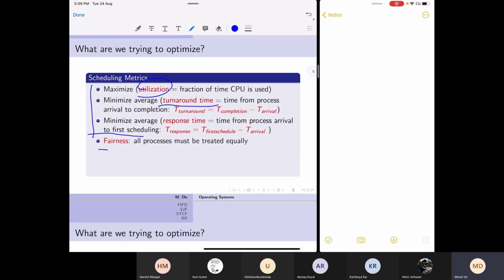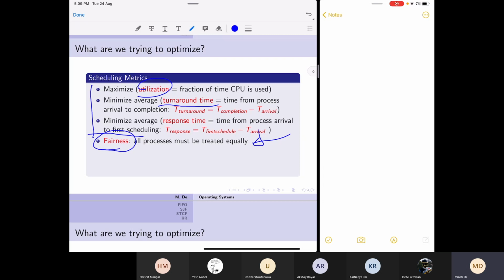There is another parameter which is basically subjective: fairness, which means all processes must be treated equally. We should not be biased toward some process. If you remember, in the first class itself, when we did not have an operating system, human beings were responsible for scheduling jobs, playing the role of operator.